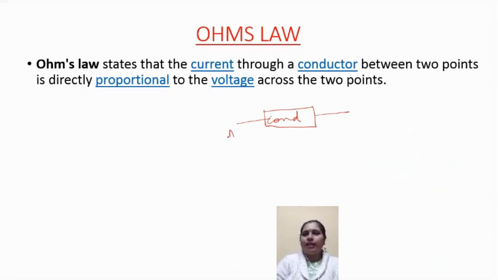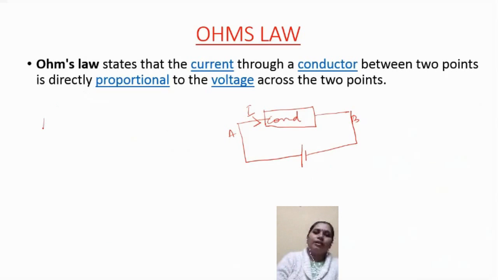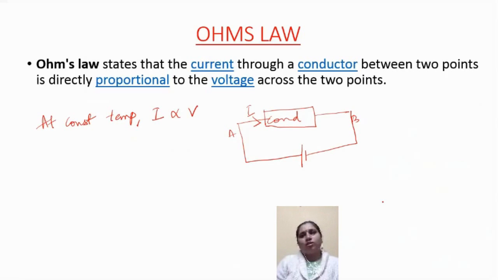So this is A and B, 2 points. The current flowing, represented by I, is directly proportional to the voltage across the 2 points. Or you can also state that at constant temperature, the current flowing through the conductor is directly proportional to the voltage applied across these terminals.